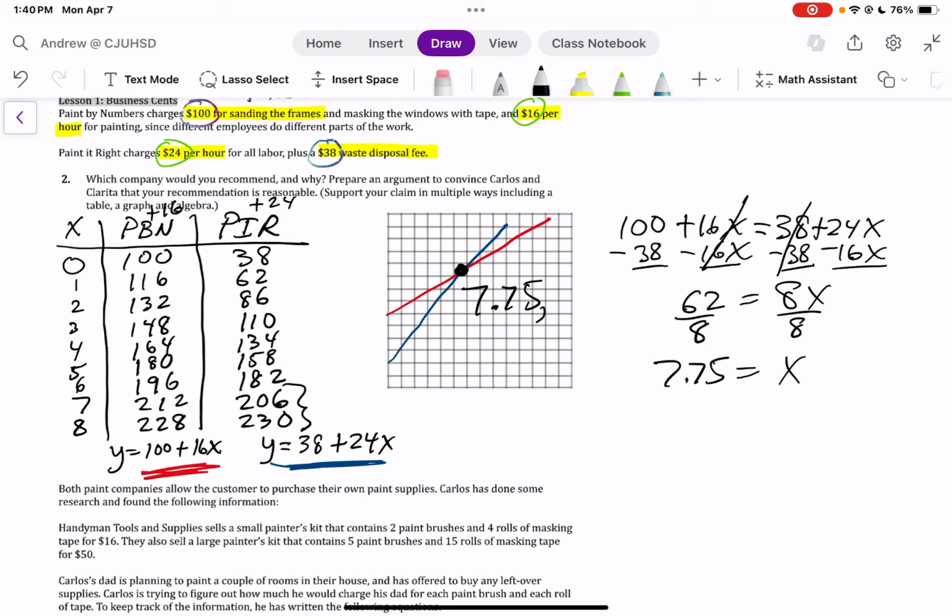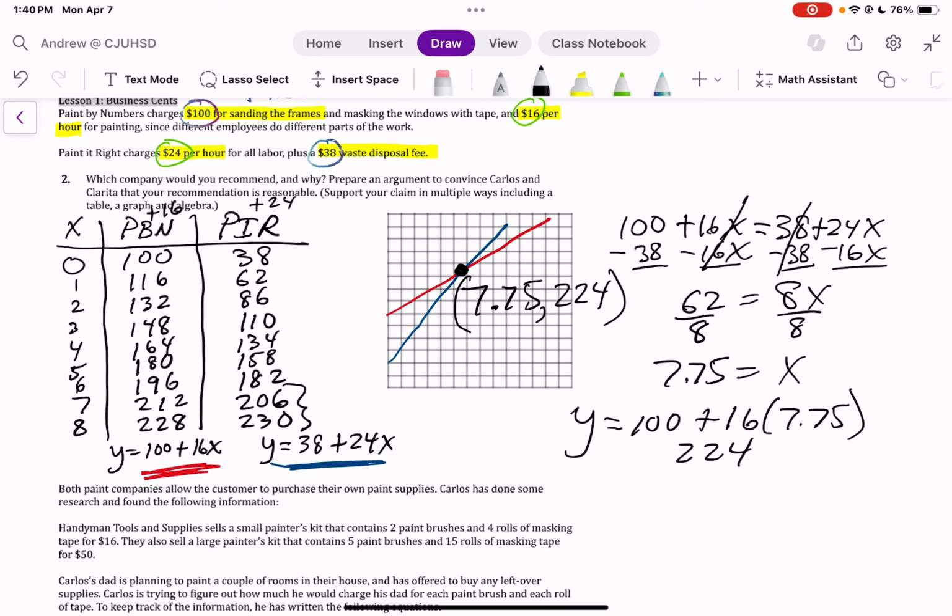And if I want to know how much the y is, all I have to do is substitute it into the first equation. And I believe this will be a whole number. 100 plus 16 times 7.75 is $224.